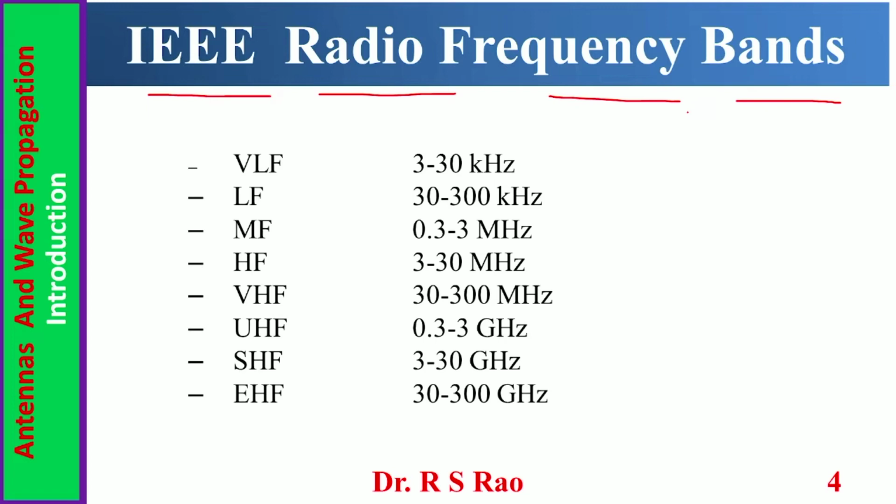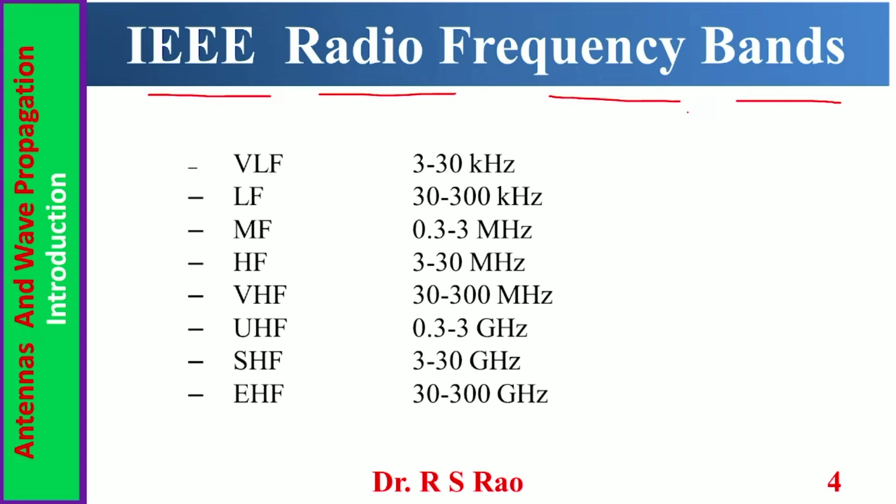Low frequencies are not used because low frequencies demand larger dimensions for antennas. So, usually high frequencies are used. IEEE gave certain labels to frequencies that are used for wireless purposes.